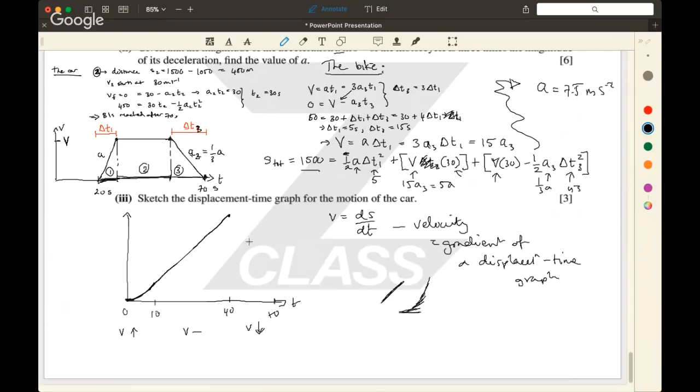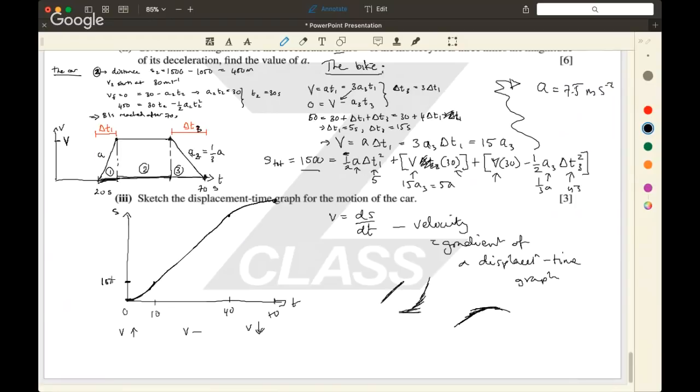Then the curve starts decreasing. So if I'm starting a curve like this and I want the velocity to start decreasing, it's going to get shallower and shallower and come like that. From here, it starts petering off. So this is the shape of your graph.